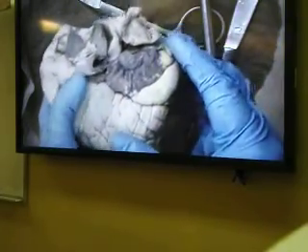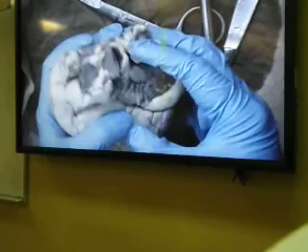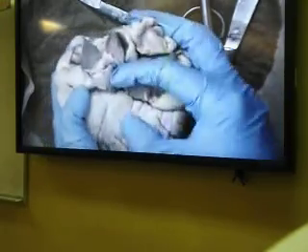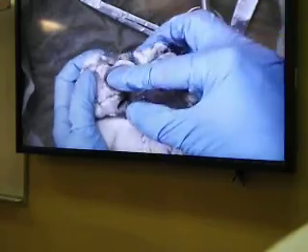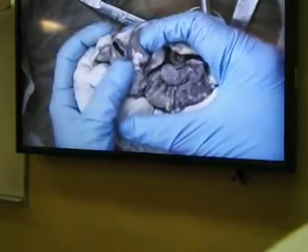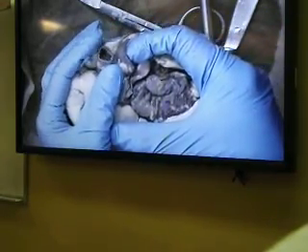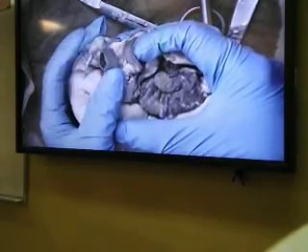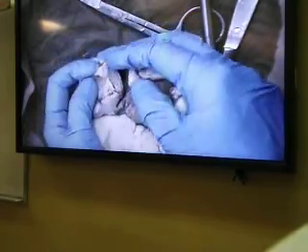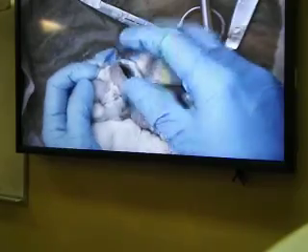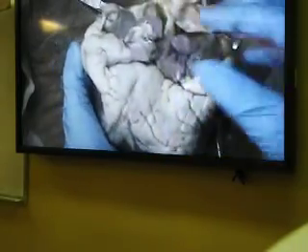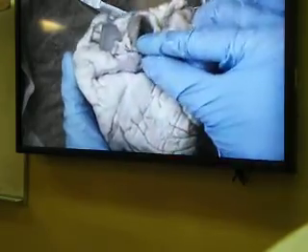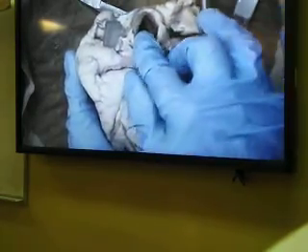Okay, so once you see that, I want you to go directly behind the pulmonary trunk, and you see this blood vessel with a huge hole here, and on the other side there is a smaller hole. The smaller hole blood vessel actually came from this blood vessel with a bigger hole, which is directly posterior to the pulmonary trunk as you are looking from the anterior view. So I want to put my finger first through the bigger hole.